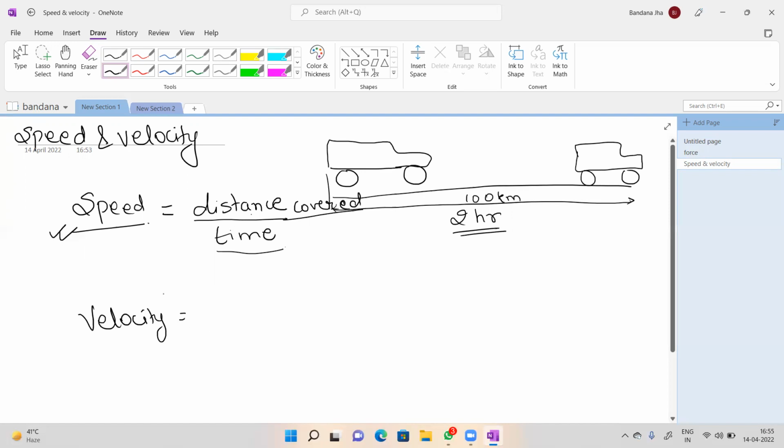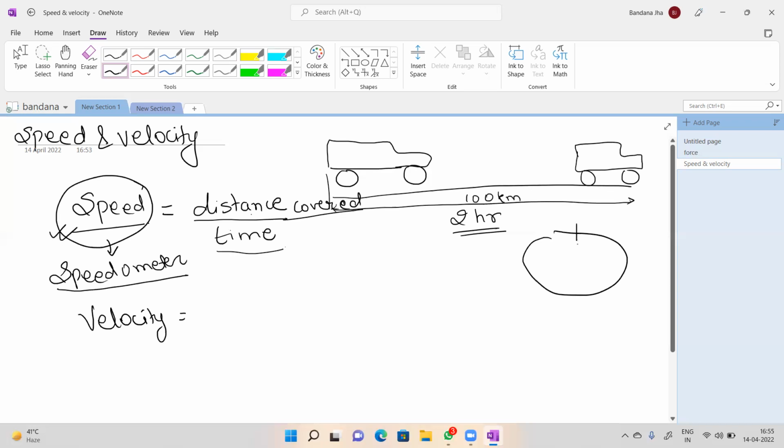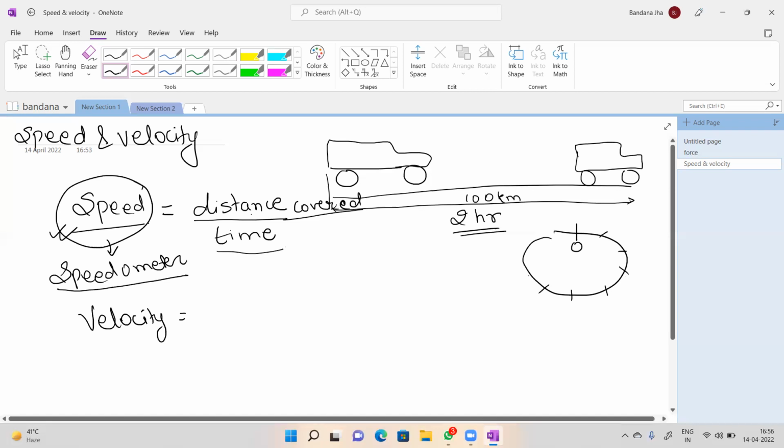Velocity is, beta, see, speed you can see with the help of your speedometer. Speedometer is there in our car. Initially it is always 0, then it increases up to 150, 200 according to the limits of your car.